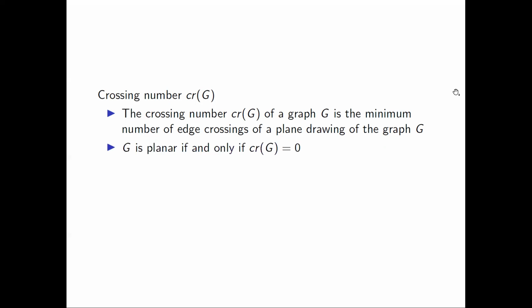So one thing that you can observe right away is that every planar graph can be drawn in the plane with no edge crossings. And any graph that can be drawn in the plane with no edge crossings is a planar graph. So we can say that G is planar if and only if the crossing number of G is equal to 0.